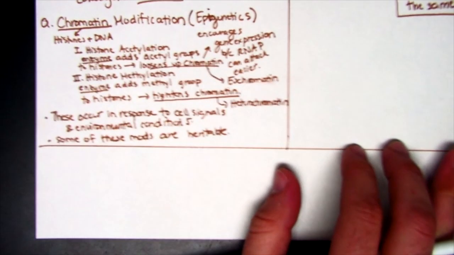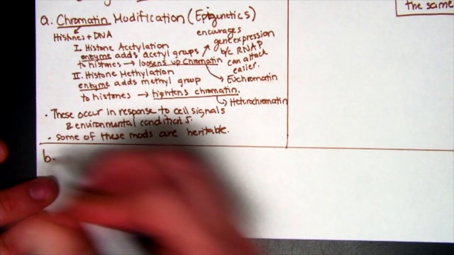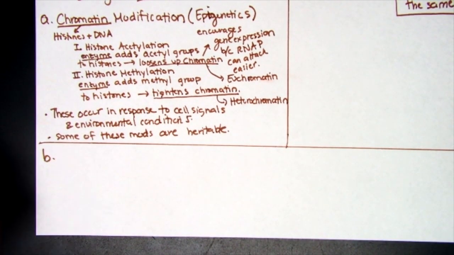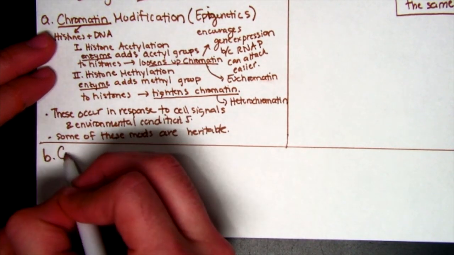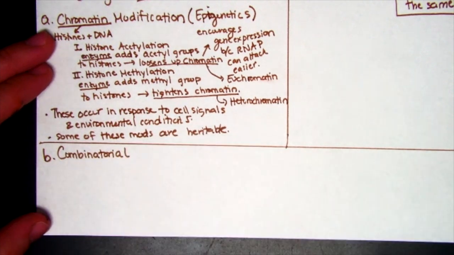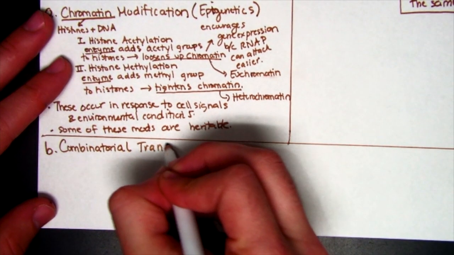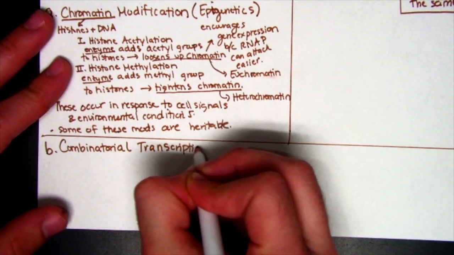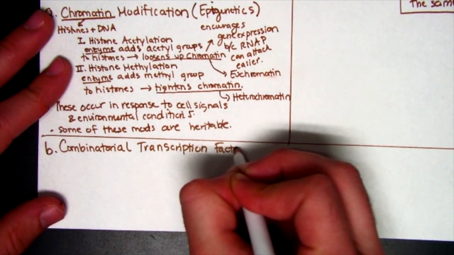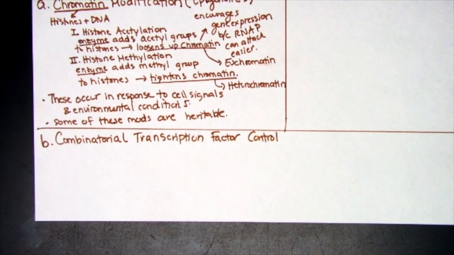So, let's talk about the second method. The second method is called combinatorial transcription factor control.